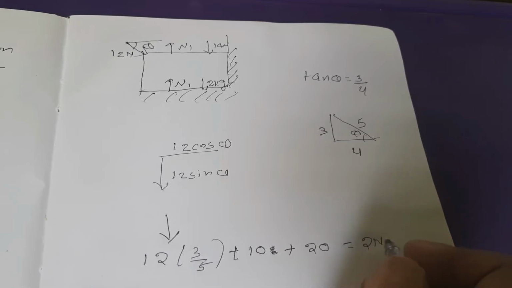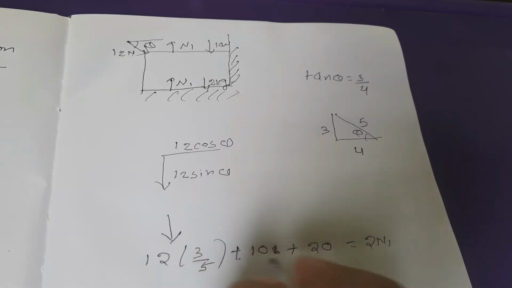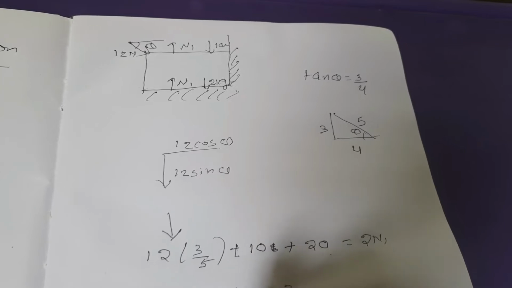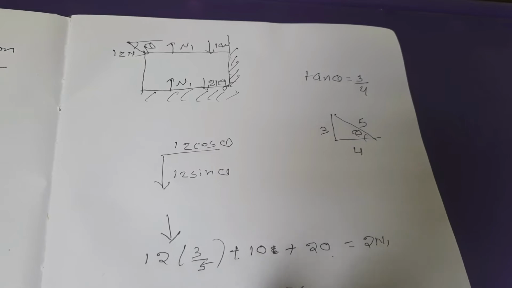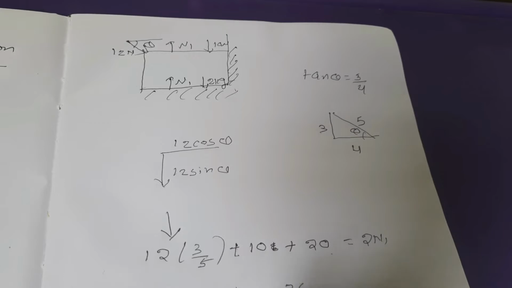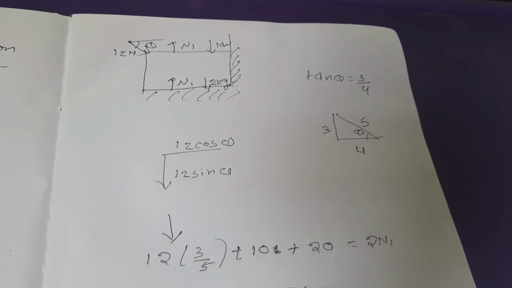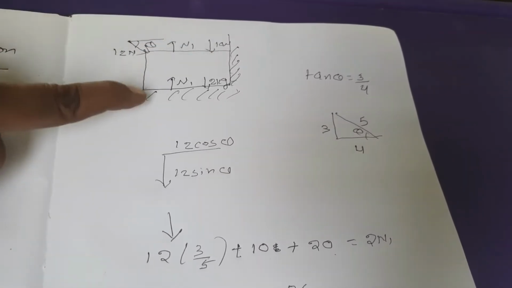After simplification, N1 equals 30 plus 36 by 5. After simplification, 186 by 5, 37.2 newtons. The main thing is we have to focus on how to resolve the vector quantity and how to take the directions: N1 acting upwards and the others acting downwards.